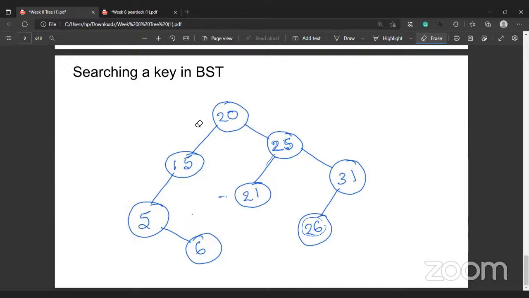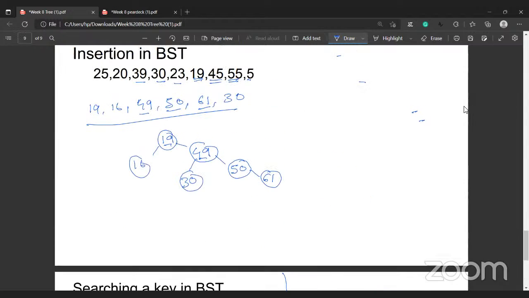And best case? Log of n. Yeah. So I will explain how we get O of n and log of n. Okay, so let me open my whiteboard.